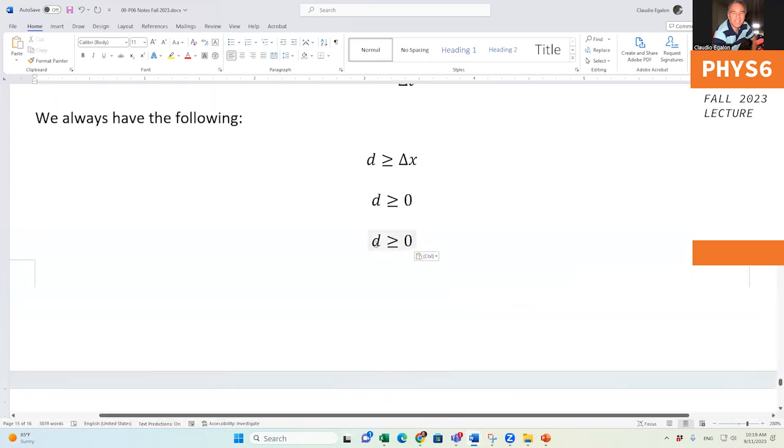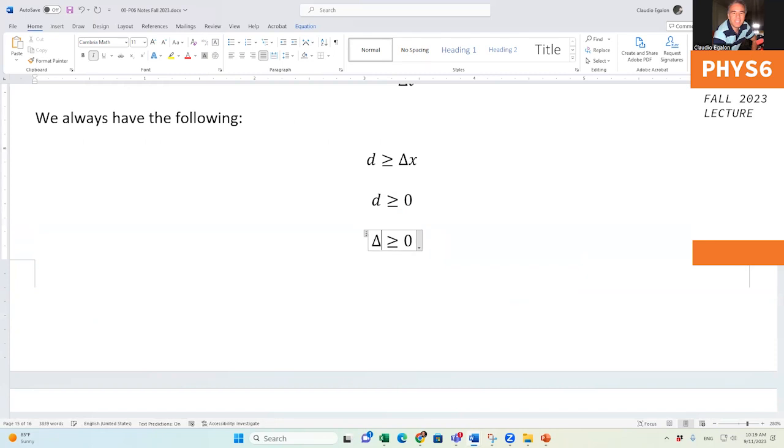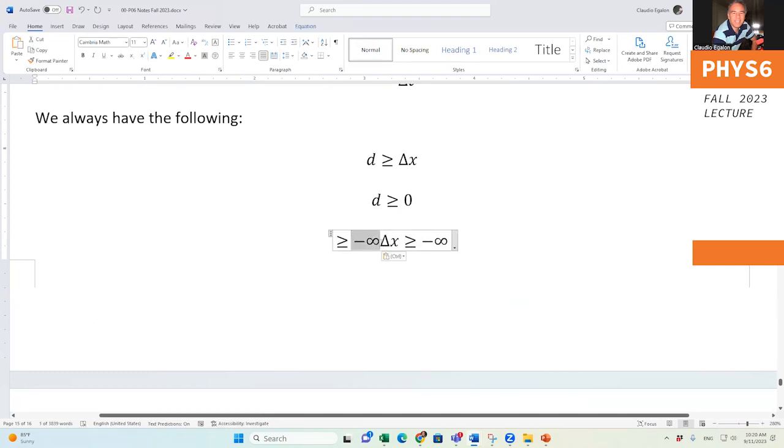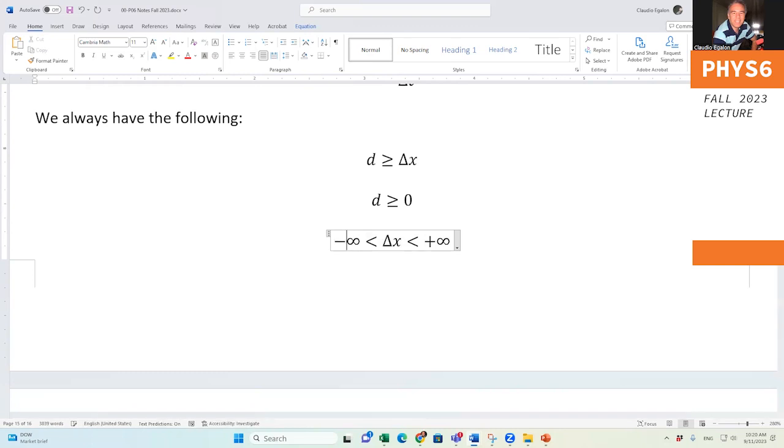And delta x, by the way, can range from minus infinity to plus infinity. Keep that in mind.